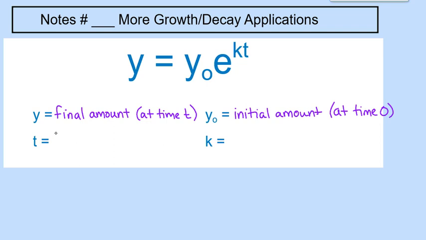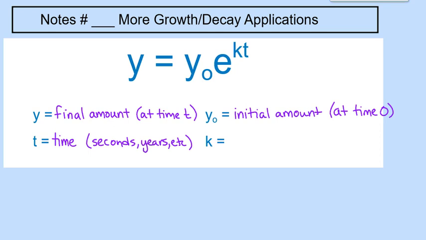T is time, and the units of time can vary from problem to problem. Seconds, minutes, hours, years, days, doesn't matter, anything. When we did compound interest, it was always years, but this time it could be different units of time.